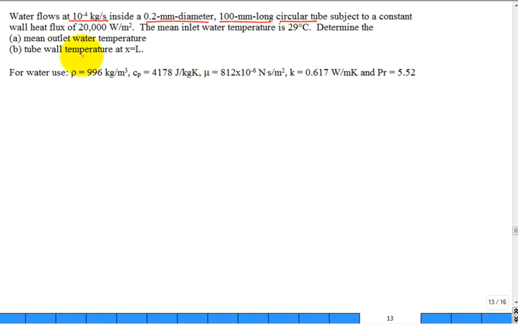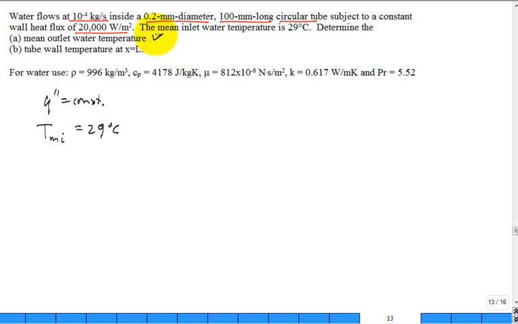It's subject to a wall heat flux of 20,000 watts per meter squared. So q double prime is constant. All right. The mean inlet water temperature is 29 degrees C. T_m inlet, 29 degrees C. Determine the mean outlet water temperature.